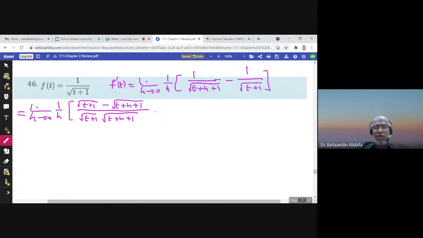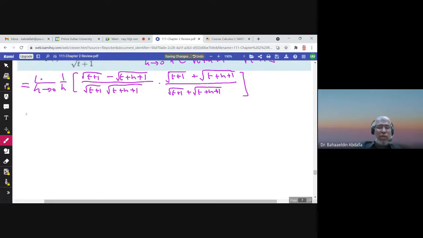So what to do? I need to multiply by the conjugate, which is square root plus square root. Nice. So I'll have the limit as h approaches 0, 1 over h times.